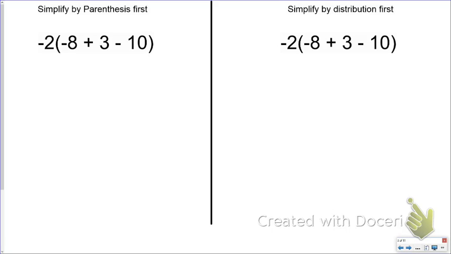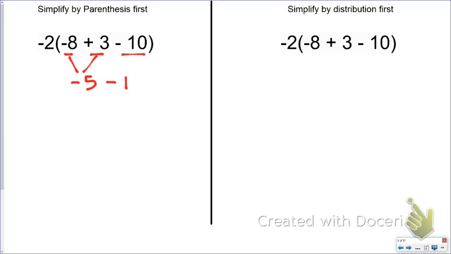So, we'll go through some examples first. Here on the left side is an example of an expression that you might have to simplify. This expression can be simplified by combining the like terms inside of the parentheses, which we can do now. -8 plus 3 would be -5.